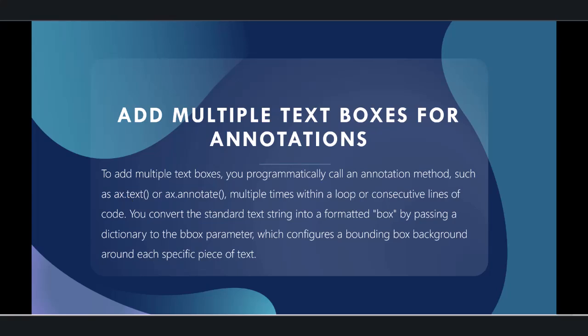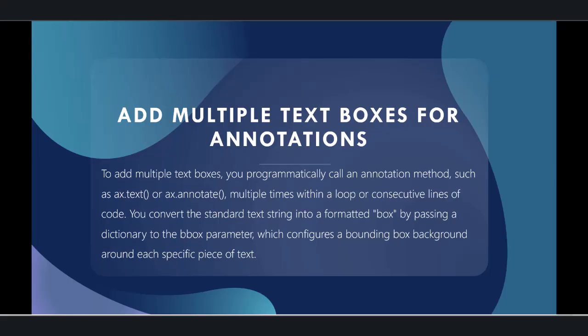What is new here is the ax.annotate function. We will use both functions multiple times inside a loop. You convert the standard text strings into a formatted box by passing a dictionary to the bbox parameter, which configures a bounding box background around each specific piece of text.